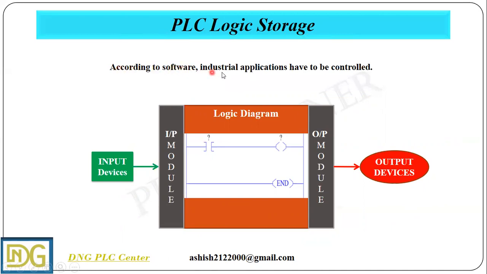According to the software, the industrial application has to be controlled. Various types of PLC are available in the market, and various manufacturers have their own software: Siemens has TIA Portal, Allen Bradley has RSLogix 5000, and Delta has WPLSoft. Omron and Honeywell have different software too, but the logic is the same. Every PLC has the same logic.